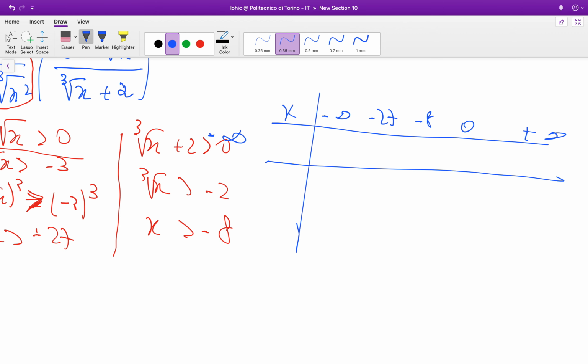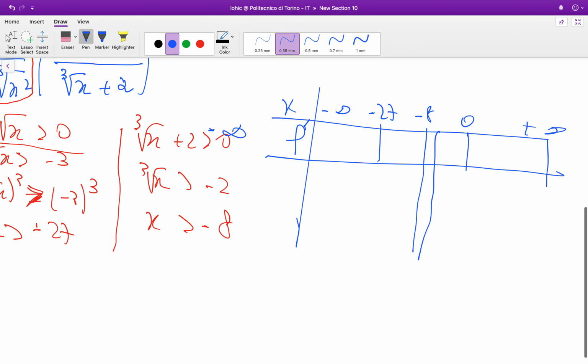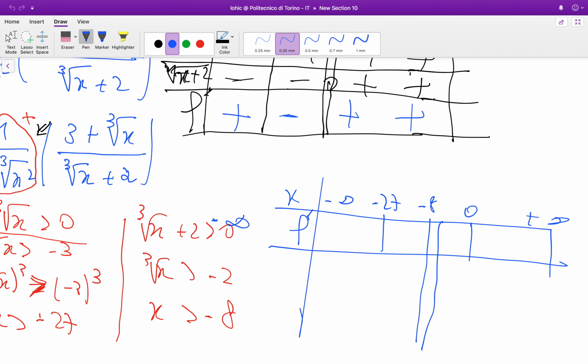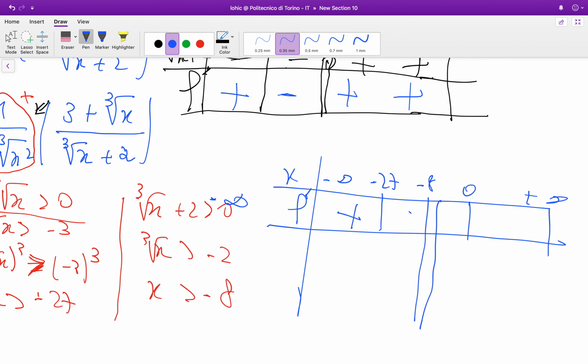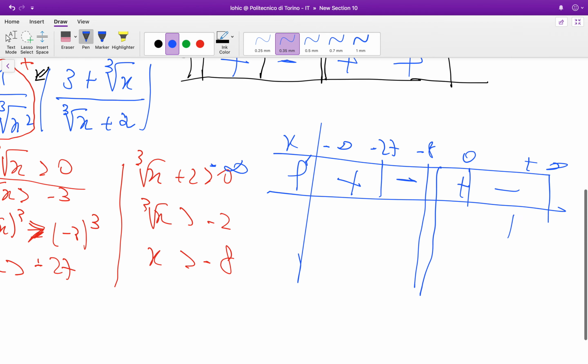Then we just put the derivative f prime, here the two bars. Okay, nice. So the derivative was positive, negative, positive, positive.